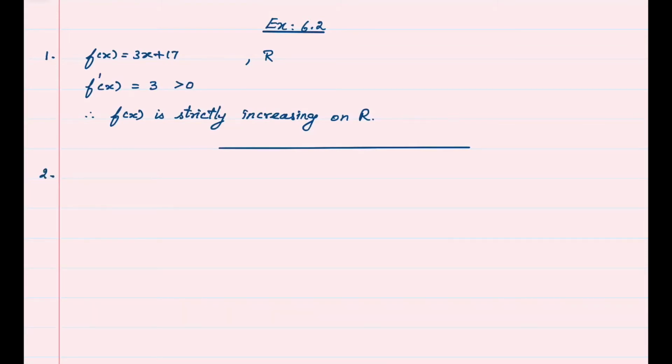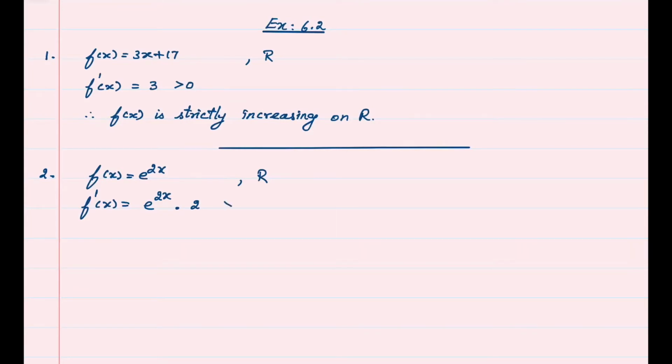Second question, show that the function given by f(x) equal to e^(2x) is strictly increasing on R. Let us find f'(x). Derivative of exponential function is the same. We have to apply chain rule. Differential of e^(2x) is e^(2x) times differential of 2x, which is 2.